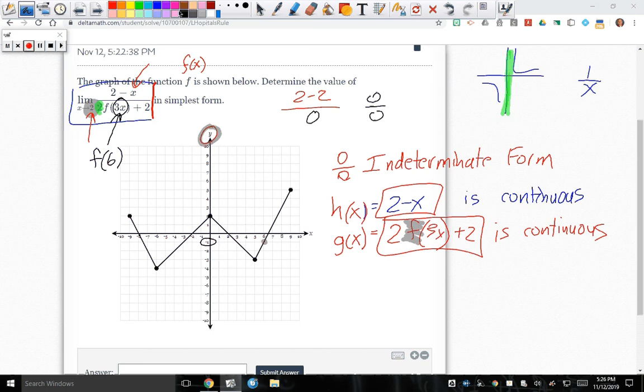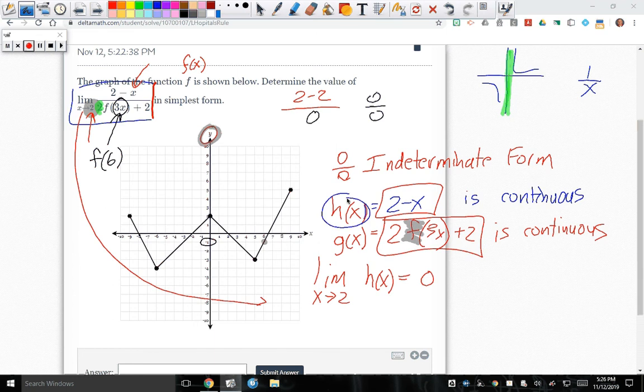Then you're going to also say that the next part is the limit as x approaches 2 of this established h of x is 0. And yes, you could have written 2 minus x again instead of h of x, but the way I'm assigning it to a certain function, I can shortcut by just putting h of x here.